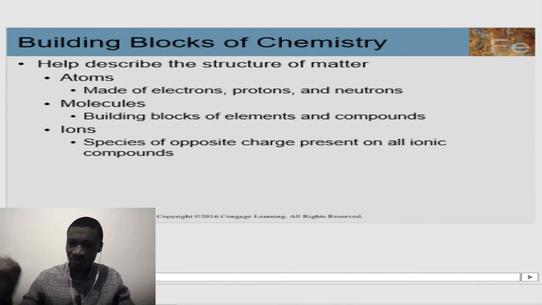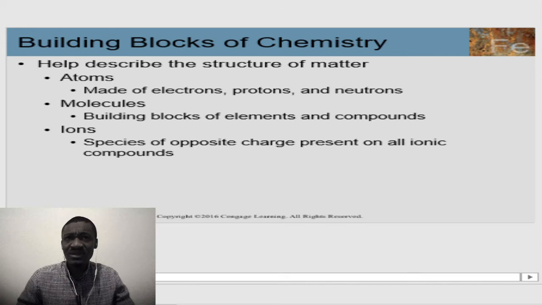Matter is made up of electrons, protons, and neutrons. That's what matter is made up of. In class I was talking about the Greek word tomos, which means to cut. When you add an A to it, it negates it, meaning not cut.